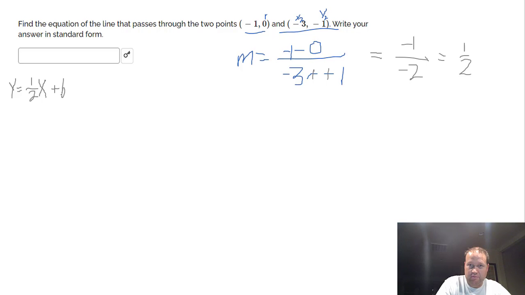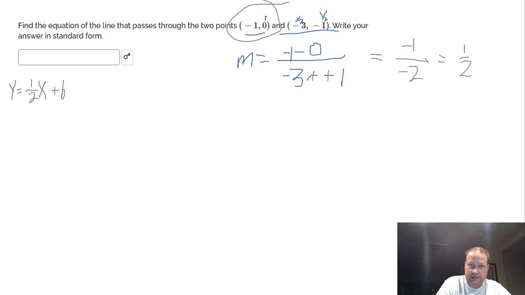So I got to find b, and I'm going to just use this point right there. I'm going to just highlight that. I'm going to use that point right there. So that's going to be my y. That's going to be my x, and I still have m as a half. I'm going to put my equal sign, and then let's go x.